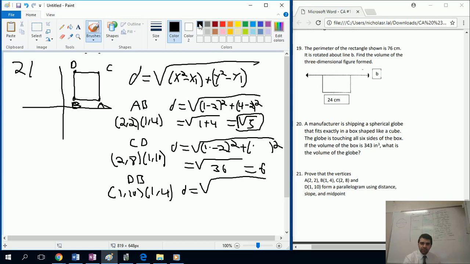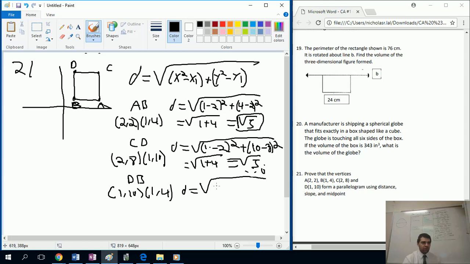Sorry. So that's (1 minus 2) squared plus (10 minus 8) squared. So that's going to be 1 plus 4, need to get more sleep. So that's going to be the square root of 1 plus 4, which is going to be equal to the square root of 5.